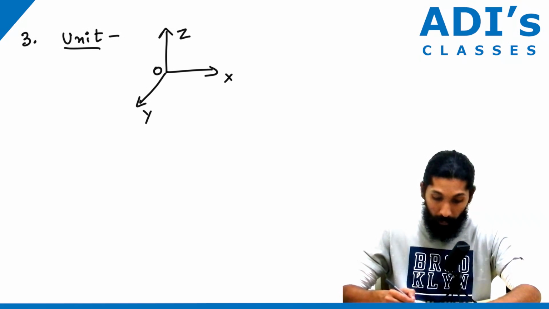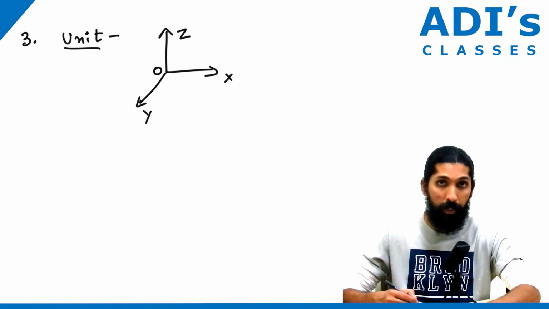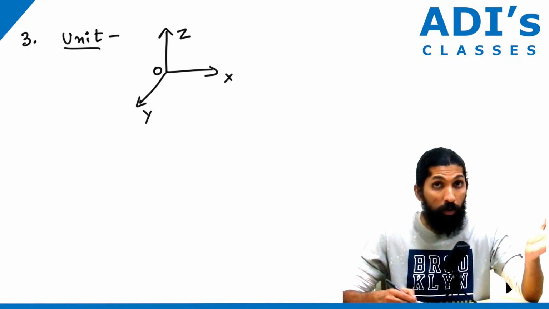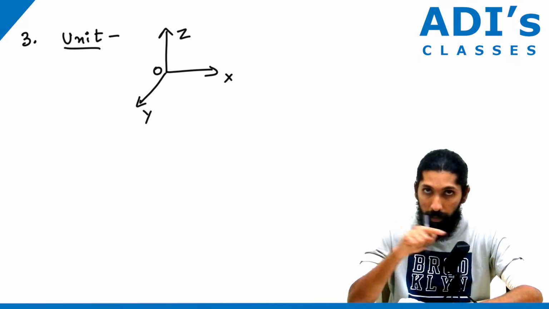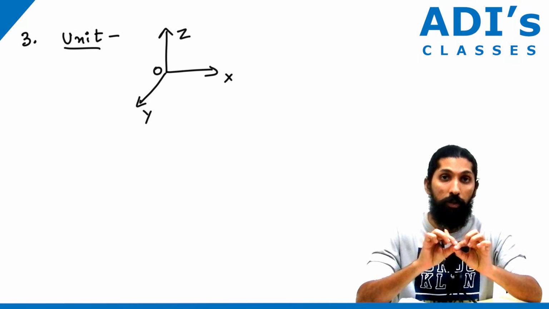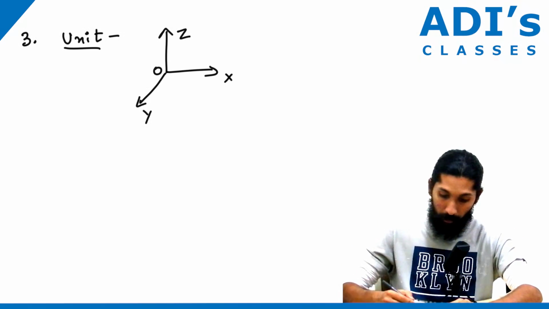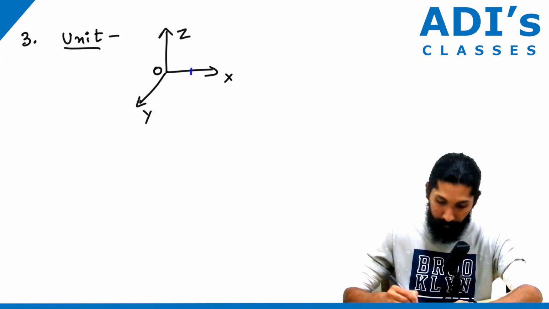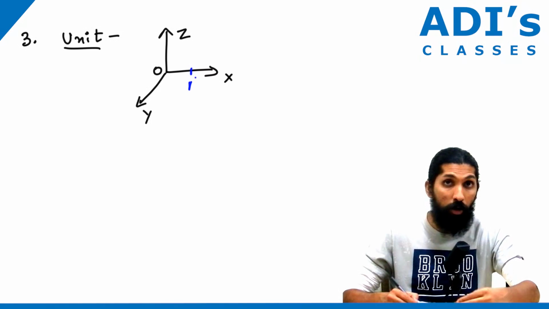So in this particular space, suppose an object moves along the x-axis by just 1 unit. You know, the x-axis is a number line 0, 1, 2, 3, 4. Say from 0 you move to 1. That's all, 0 to 1. So assume that this is 1. Say you're moving from 0 to 1 along the x-axis, right?